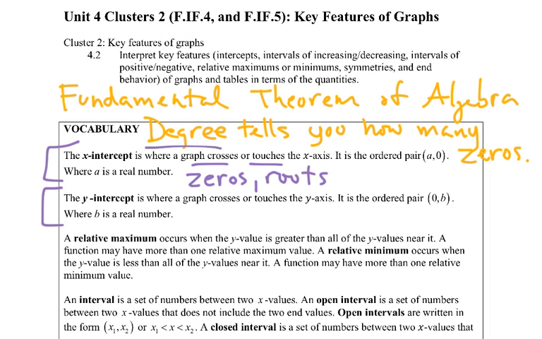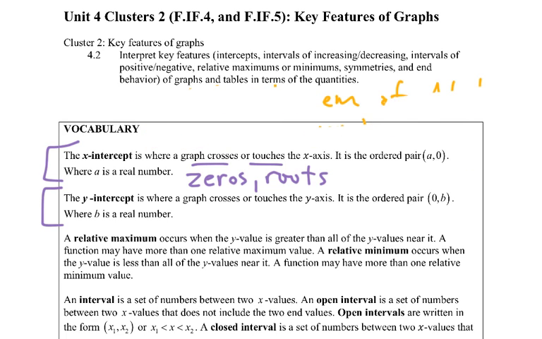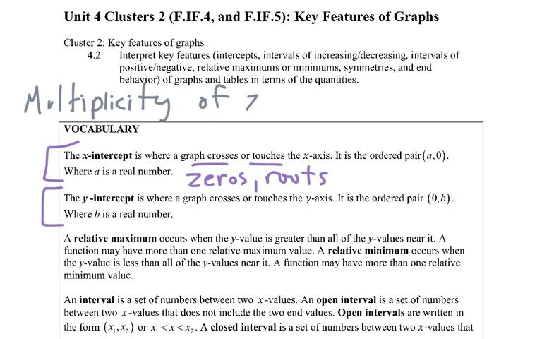You may want to write this on the side somewhere, but with multiplicity of zeros, it's not with the y-axis, it's only with the x-axis, the x-intercepts. If it's odd, it crosses through the x-axis. If it's even, it touches.